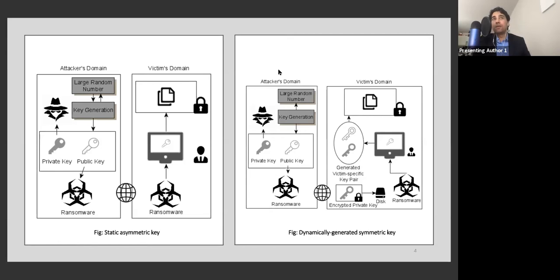Now, there are several downsides to this. Number one is asymmetric key encryption. Bulk data encryption with asymmetric key tends to be really slow. It also can inflate the size, so there's ciphertext expansion. So those are already inefficient in terms of infection.